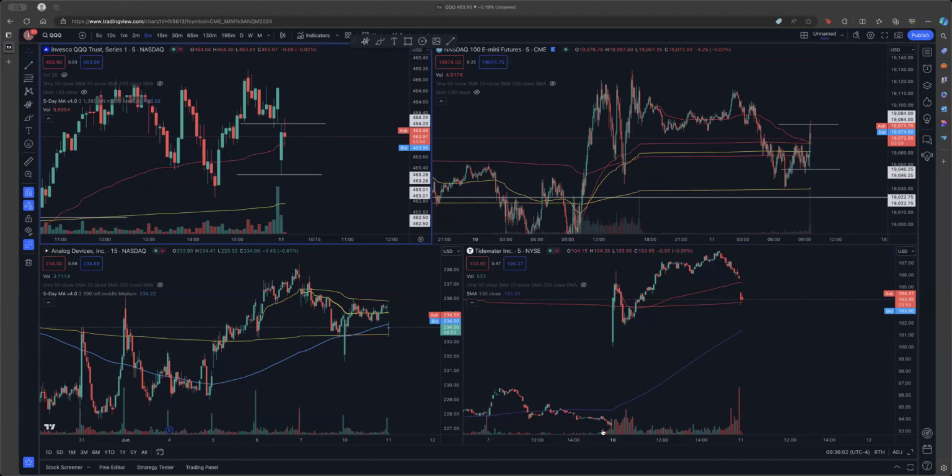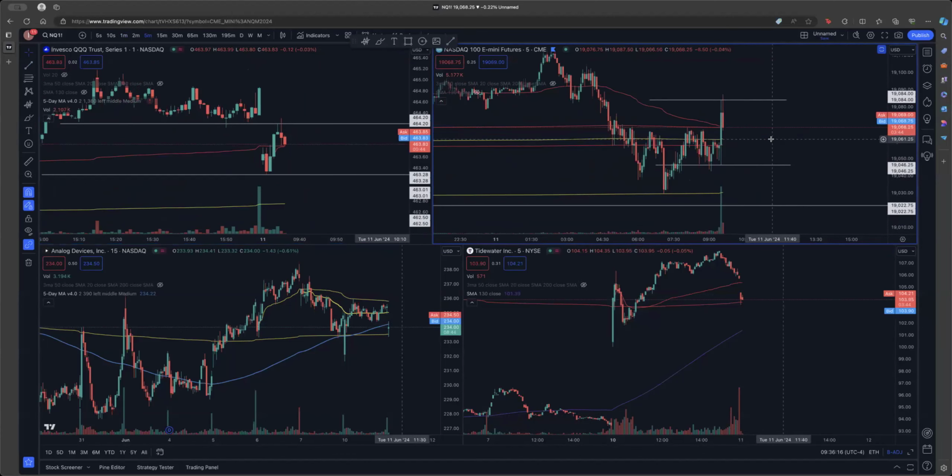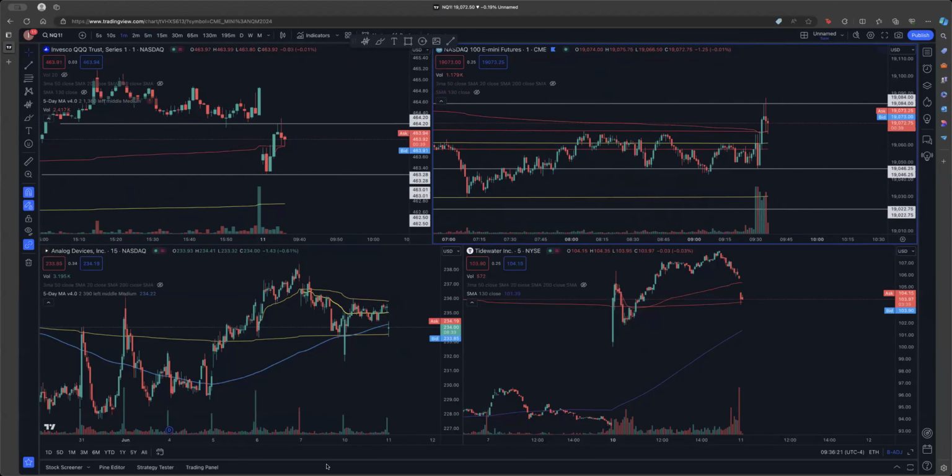Testing the VWAP, watch out here. Let's see if they can take out that 84s again.